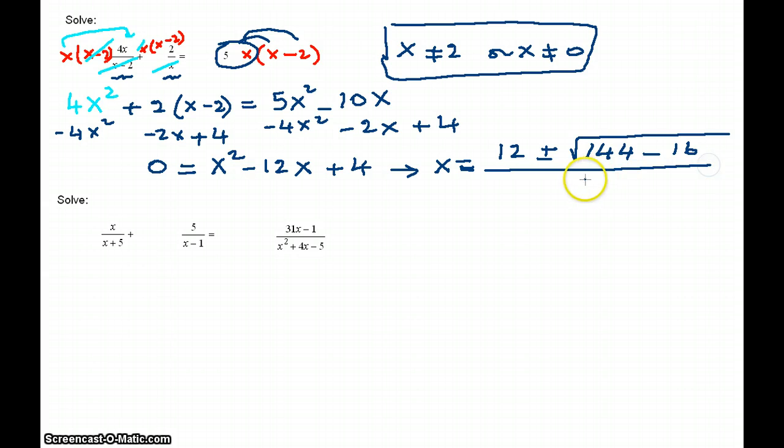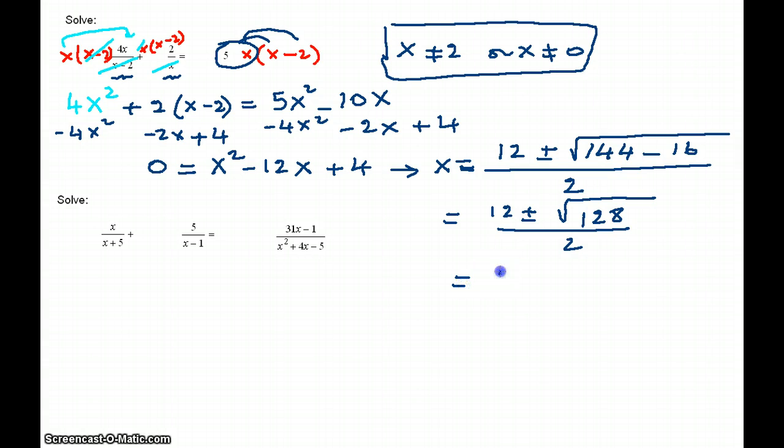The whole thing should be over 2a, which is 2. If I simplify here, I get 12 plus or minus the square root of 144 minus 16, which is 128, over 2.